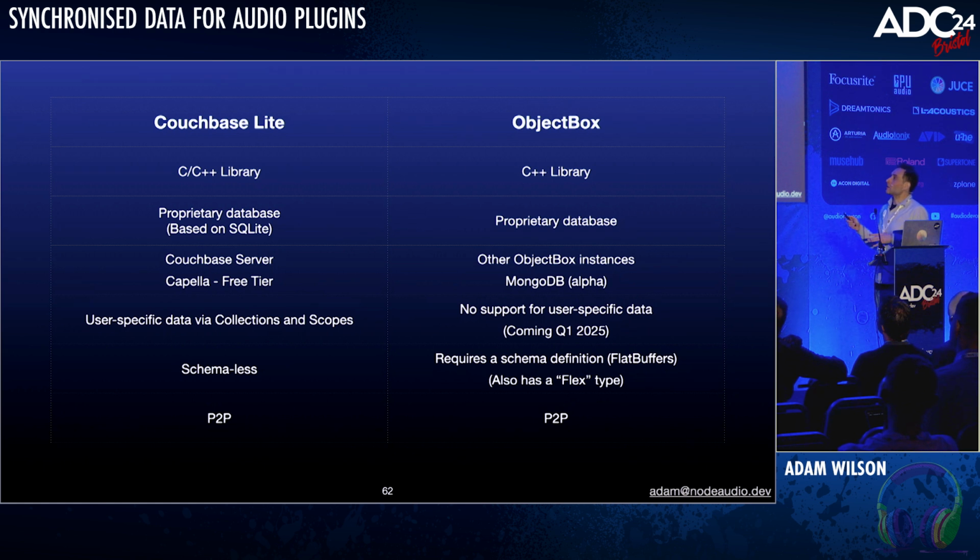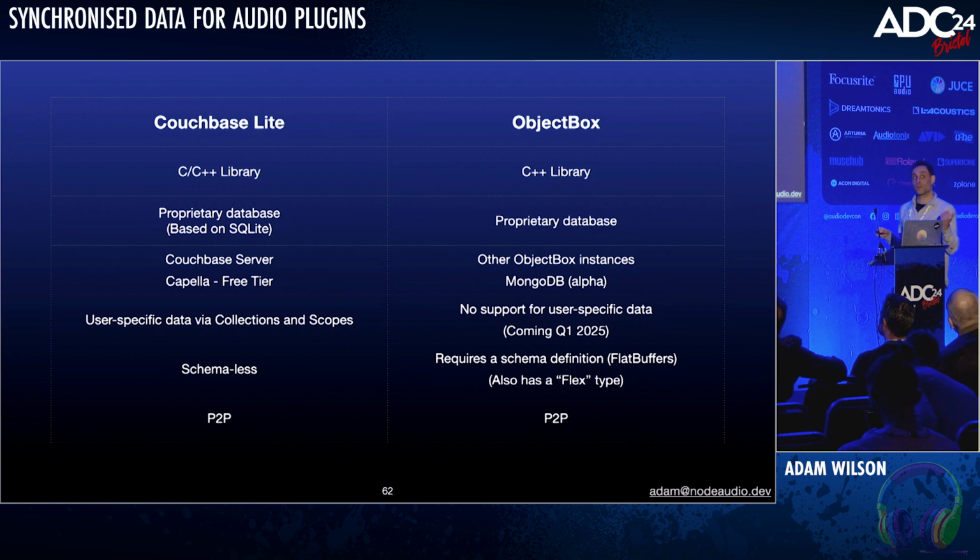Couchbase is great in terms of user-specific data. You've got collections and scopes, which allow you to have app-specific collections, and you can have a collection or a scope per user. So it's really good for organizing your data in different ways. It's schema-less. You can define types, but you don't have to.